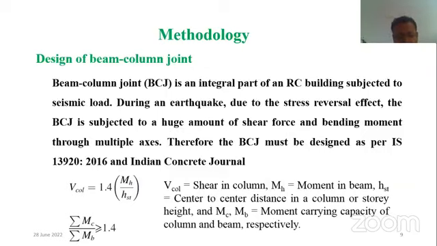One is that shear in column should be equal to 1.4 times the ratio of Mb to Hst, and moment in column to moment in beam should be greater than or equal to 1.4. These two provisions are most important, and they have been followed during the design of the beam column joint. Mc is the moment in column and Mb is the moment in beam. Okay.